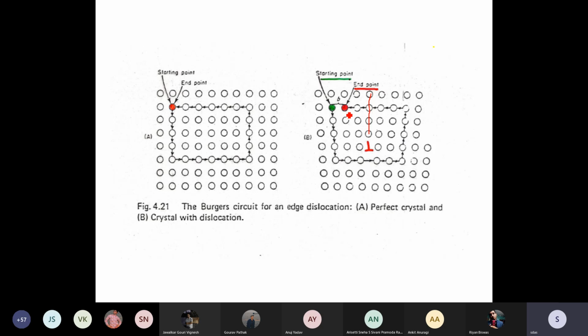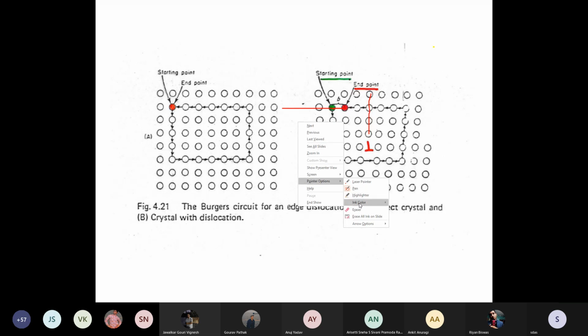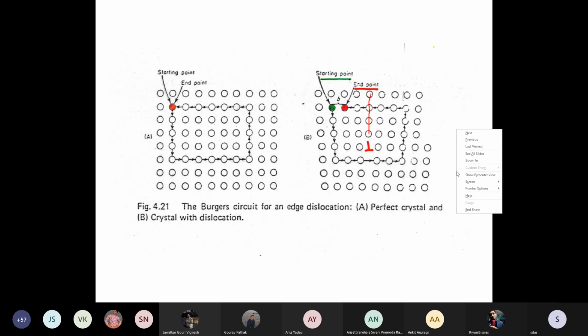So now if I draw a vector from the end point towards the start point, it has a magnitude, this atom spacing here, and it has a direction. Direction from where? From the red color atoms to the green color atoms.